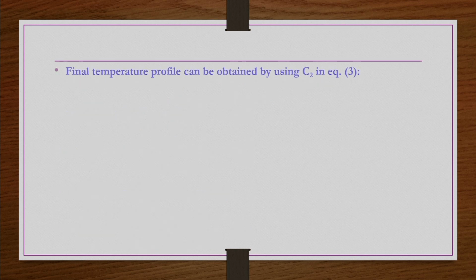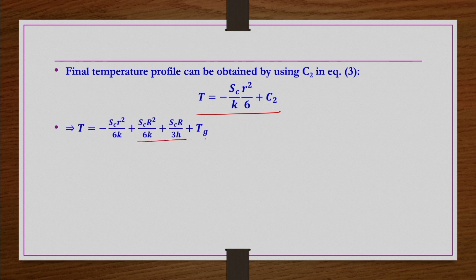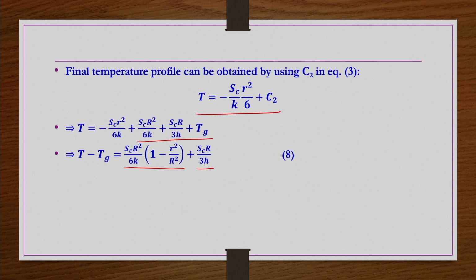Now this C2 you can substitute in equation number 3, which gives the final temperature distribution. T equals minus Sc by k R square by 6 plus C2. In place of C2 we write Sc capital R square by 6k plus Sc R by 3h plus T_G. So, T minus T_G equals Sc R square by 6k multiplied by (1 minus r square by capital R square) plus Sc R by 3h. This is the final temperature distribution.